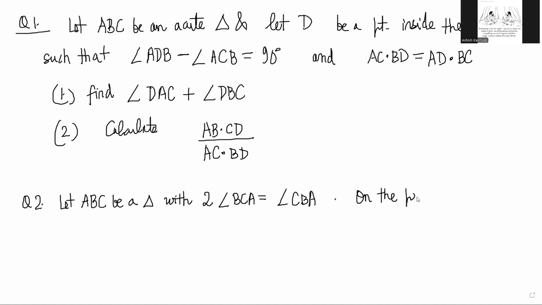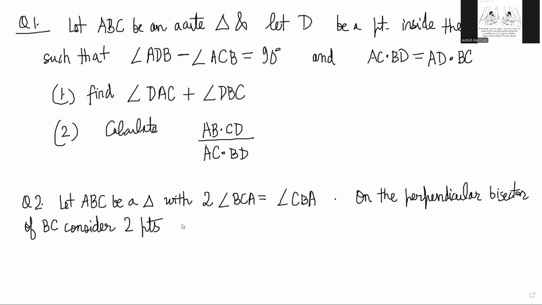On the perpendicular bisector of BC, consider 2 points P and Q such that angle CAP is equal to angle PAQ is equal to angle QAB.